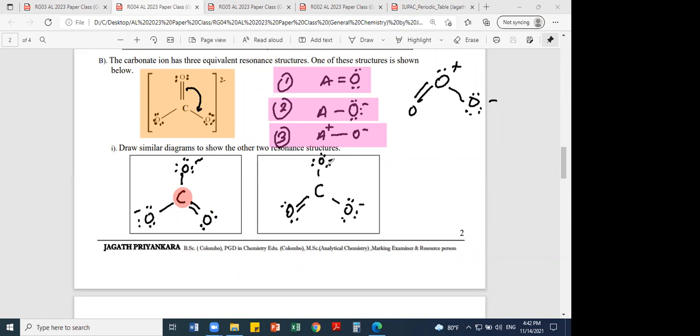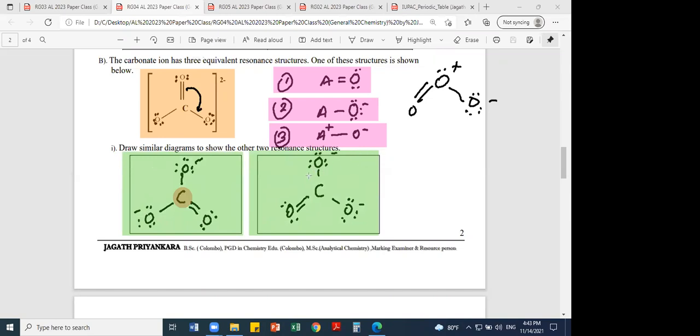Is that clear? Please raise your hand those who got both these correct resonance structures for the carbonate ion. How many of you got all this correct? Very good. All of you got this correct. Done. Then let's move.